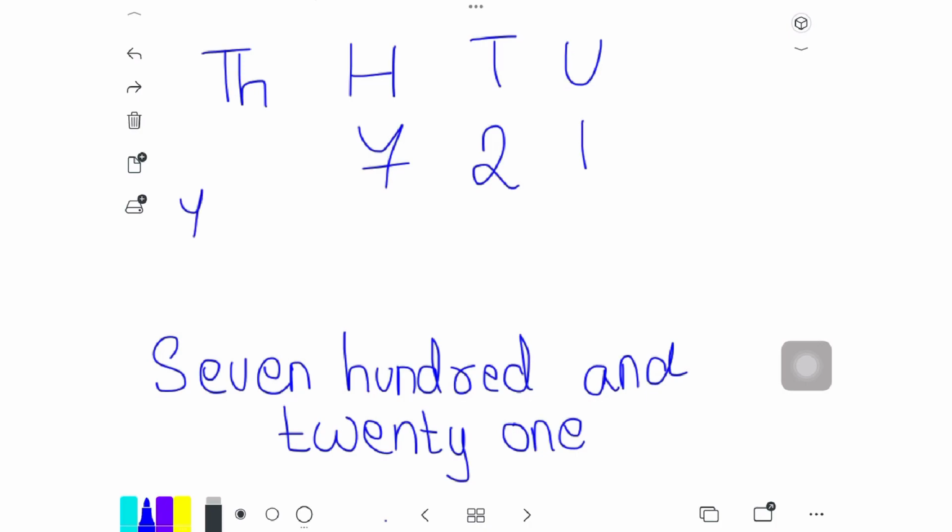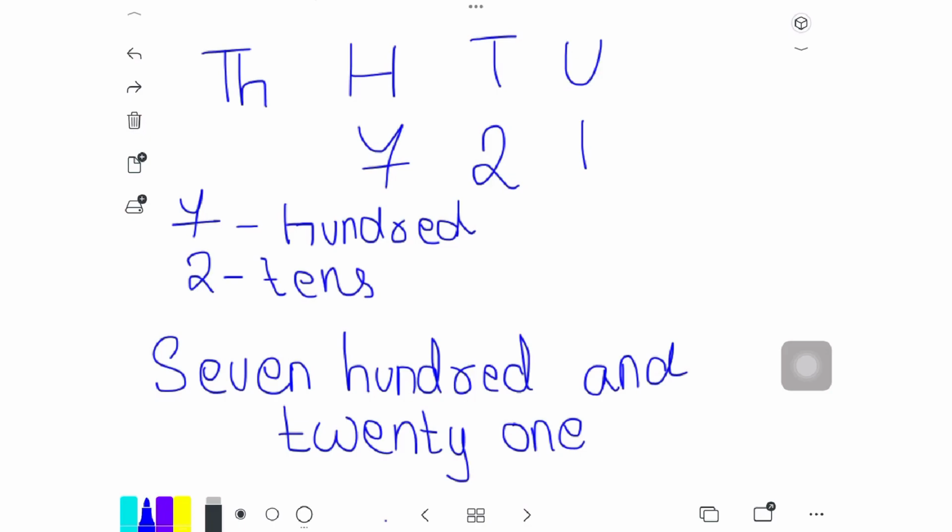This means that we've got 7 in the hundreds position, 2 in the tens position, and 1 in the units position.